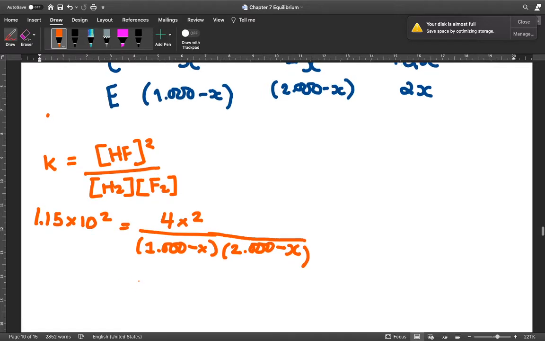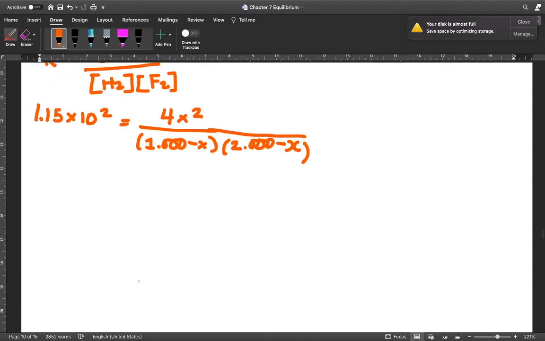Because we've done so much practice already, I'm assuming that you know how to do that. So I'm not going to explain this in so much detail, but when I multiply this out, I'm going to get it into the form of the quadratic equation: 230 minus 345x plus 111x squared is equal to 0.